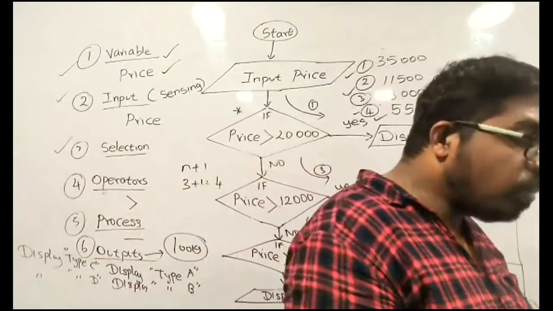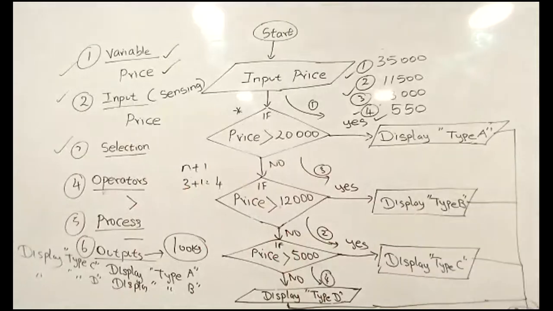So draw that stop symbol, flowchart, sample input data and expected output, variable, input, selection, operators, process, outputs. Write each and everything on the whiteboard, copy it in your exercise book. Right?